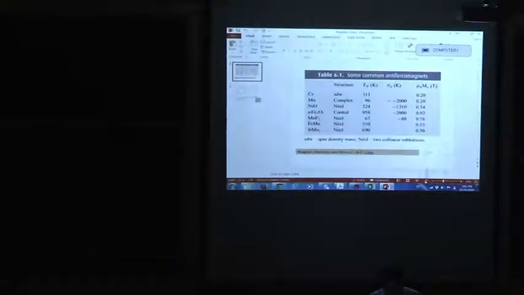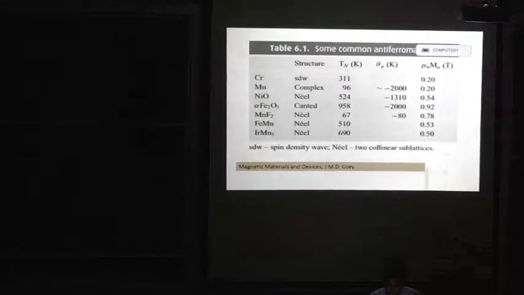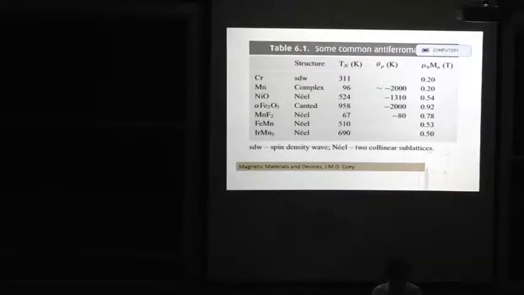The first table I would like to show you is a list of common antiferromagnets: chromium, manganese, nickel oxide, iron oxide, manganese fluoride. Most fluorides and oxides of nickel, iron, cobalt are generally antiferromagnetic. Chromium is also antiferromagnetic, and this is the kind of structure they have.